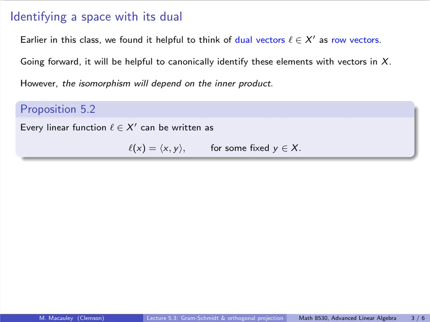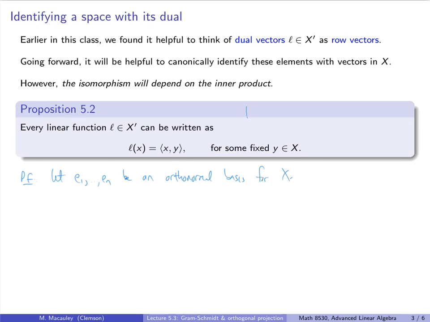Okay, so to prove this, let's first pick an orthonormal basis. Let's call it E1 up to En, not necessarily the standard unit basis, but any orthonormal basis for X. And now remember the big idea that once we have an orthonormal basis, any inner product basically behaves as the dot product with respect to that orthonormal basis.